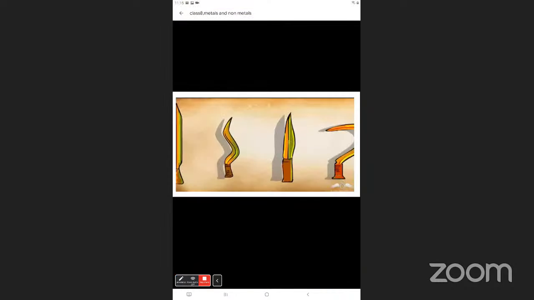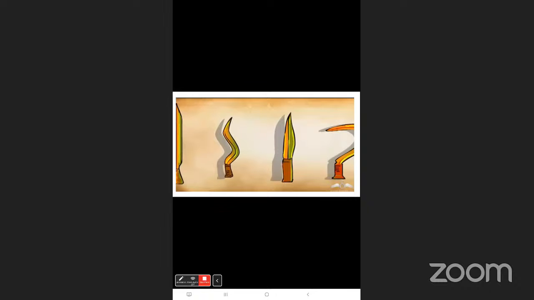So here, they were happy with this. They made different utensils and weapons to protect themselves from wild animals and so on. So they started using this metal, that is copper. Copper metal does not break, so they used this copper metal for different purposes.